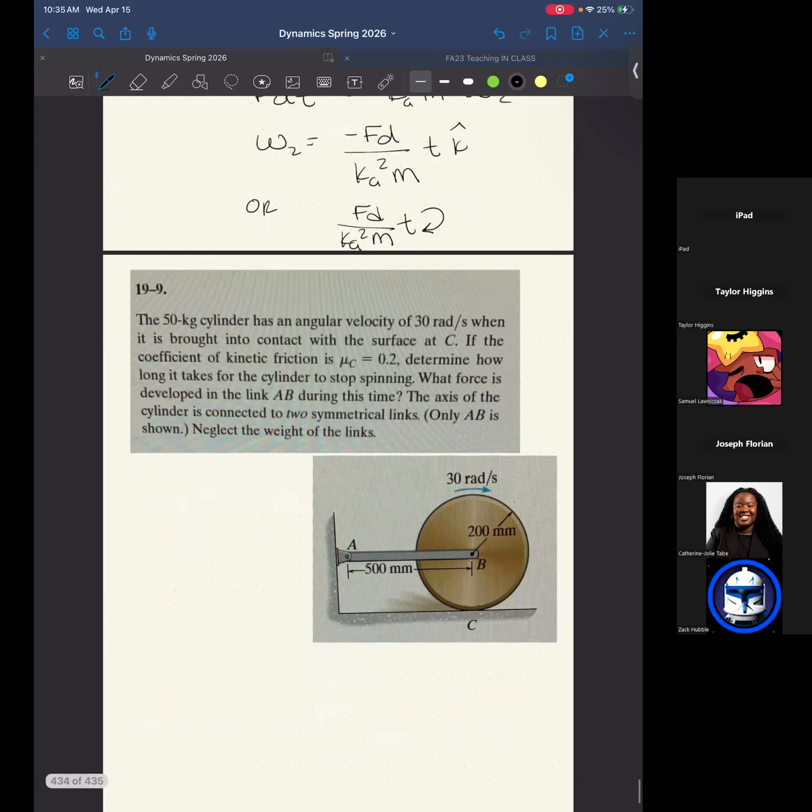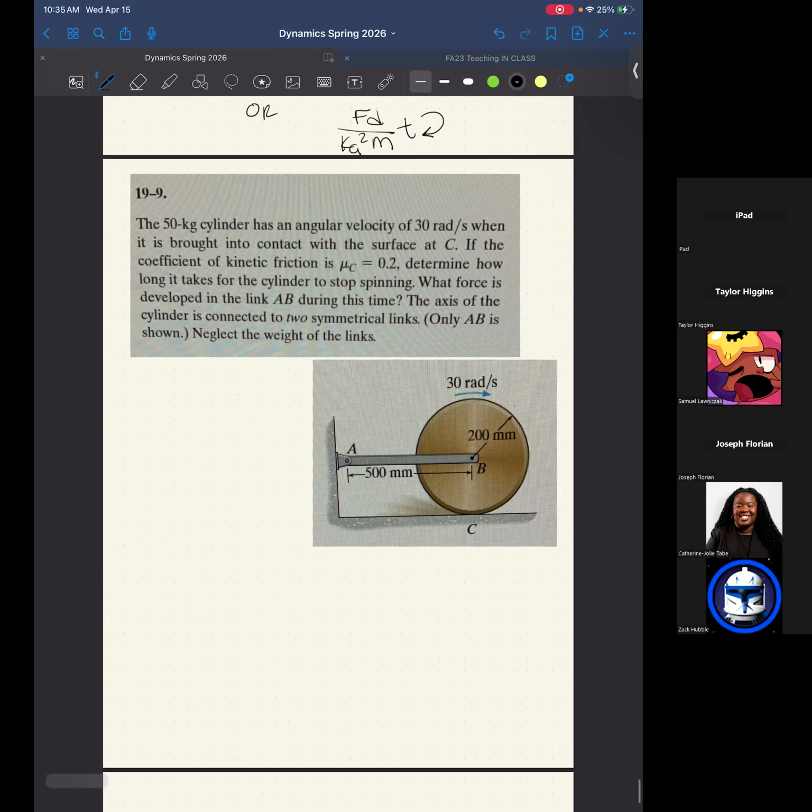Okay. Last problem. This is probably the most involved one, I believe. It's a little more involved, mostly because we have to figure out what certain forces are in the X and the Y and then do angular momentum. But I'll let you take a stab at it.